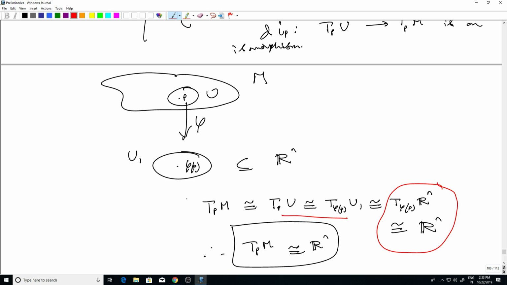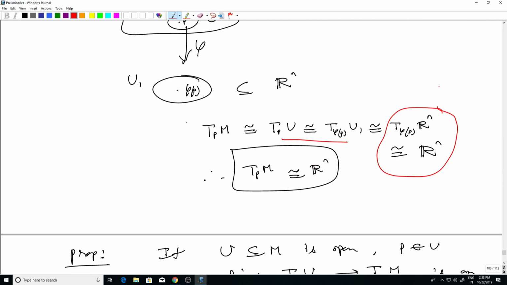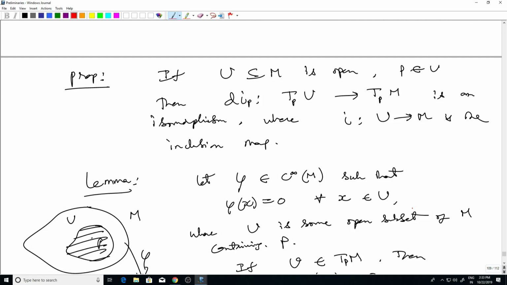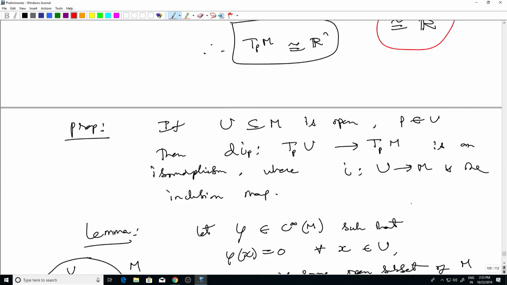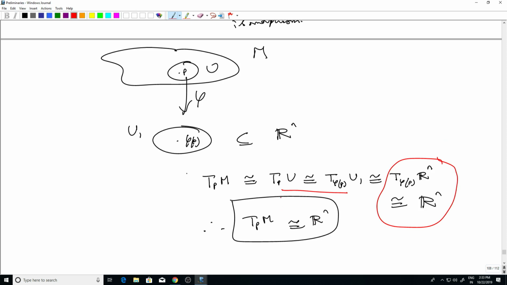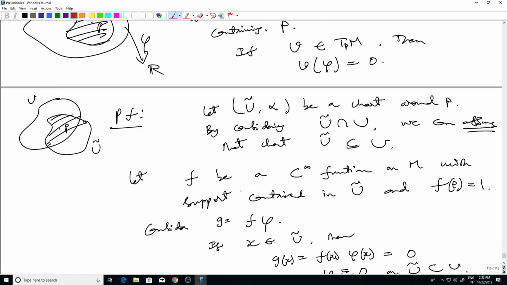The remaining other three are easier in some sense, because for the last isomorphism one had to use a little bit of analysis. So in this chain of isomorphisms, all will be done if we show that for any open subset of a manifold, T_P U is isomorphic to T_P M. That's what we are aiming for.